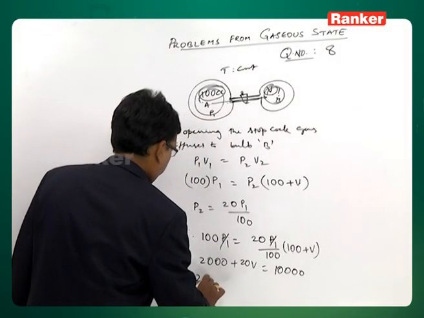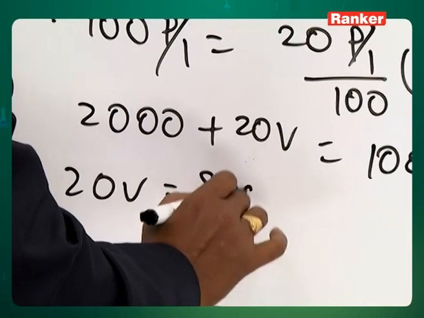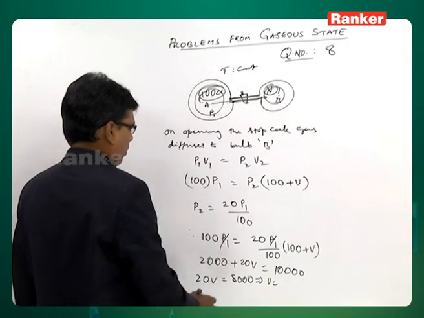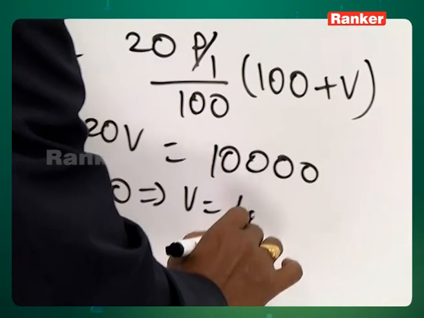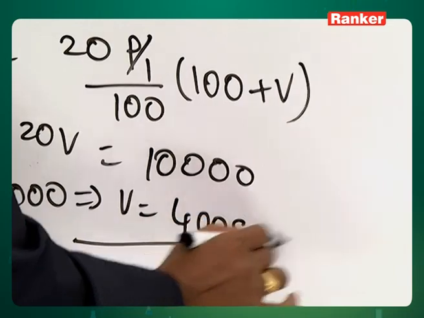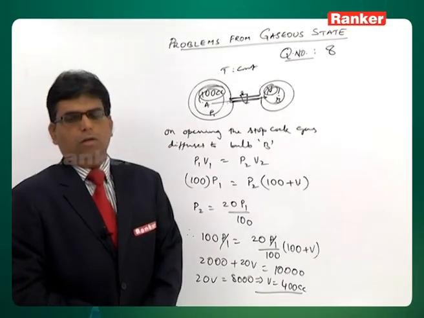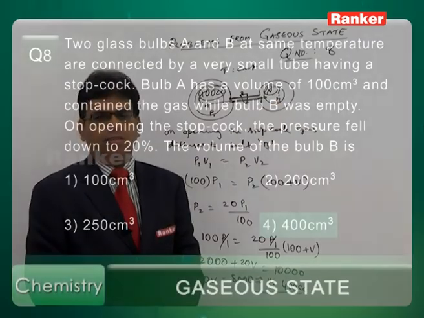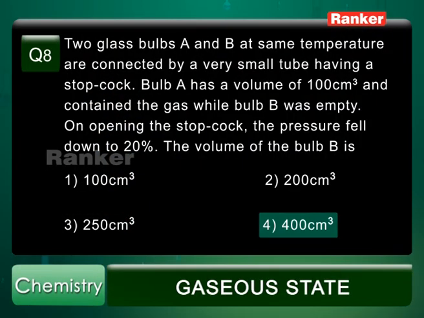So, 20 V is equal to 8,000, and V is equal to 8,000 by 20, which is 400 cc. So, the volume of the second bulb is 400 cc, and the correct option is option 4.